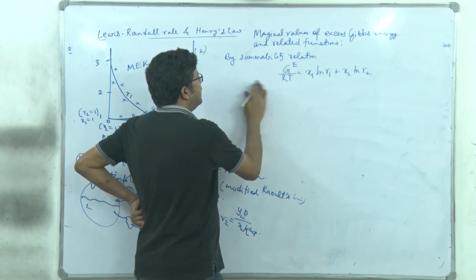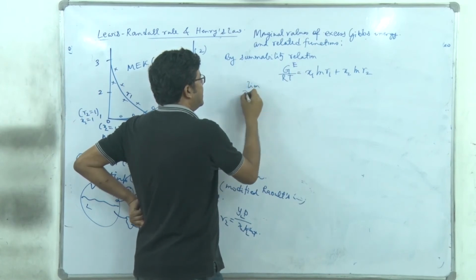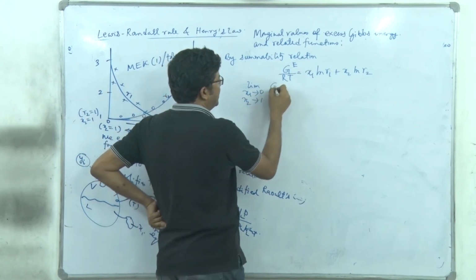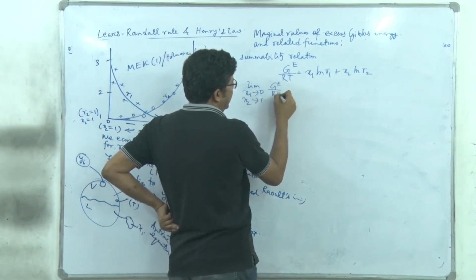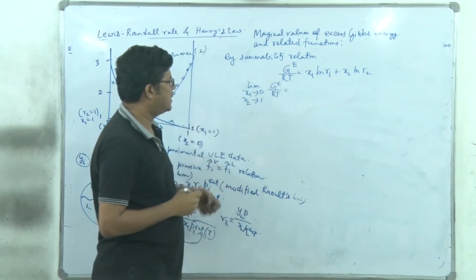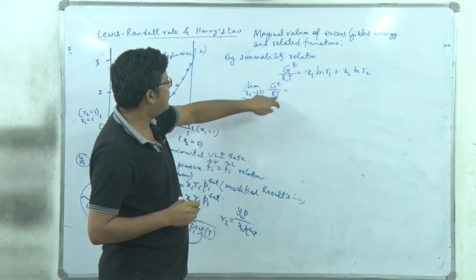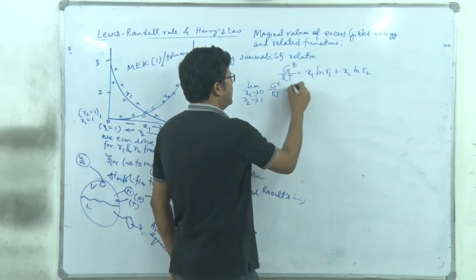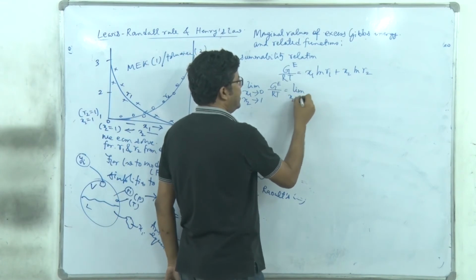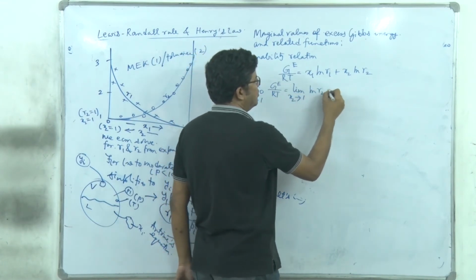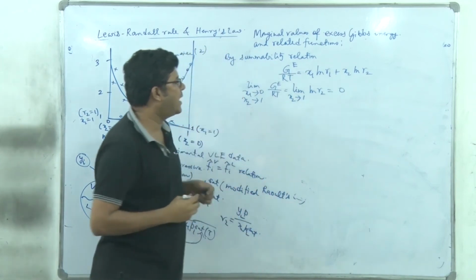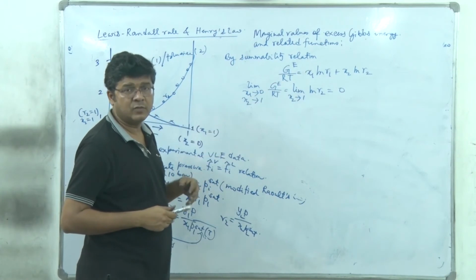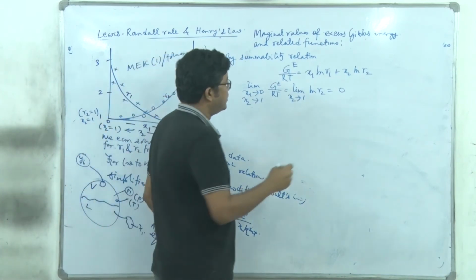So, if I put a limit of extreme values, marginal value, x1 tending to 0, x2 tending to 1, GE by RT will be equal to what? See, x1 is 0, so this term vanishes, x2 is 1, so it is ln gamma 2. So it will be limit x2 tending to 1 of ln gamma 2, and eventually it will be 0. Why? Because when x2 tends to 1, gamma 2 also tends to 1, and ln of gamma 2 is equal to 0.